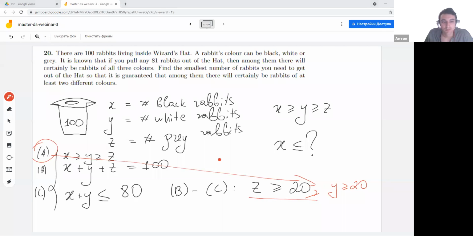But then from B, we have that X plus Y plus Z is 100, but it also is not less than X plus 40.